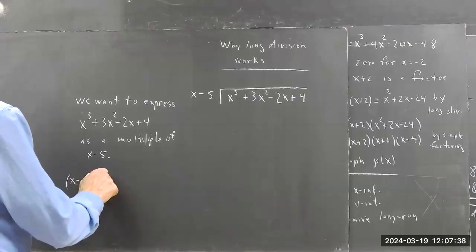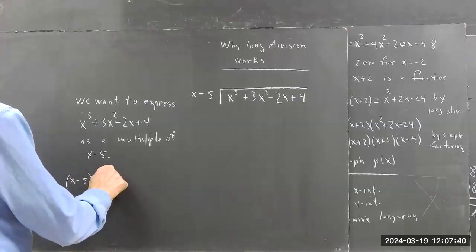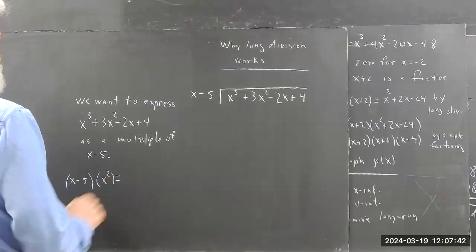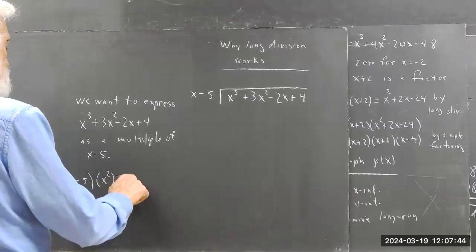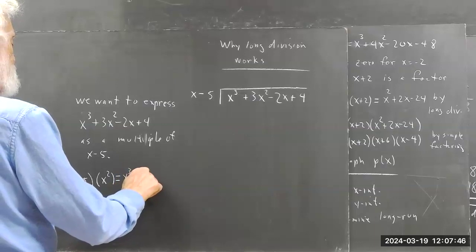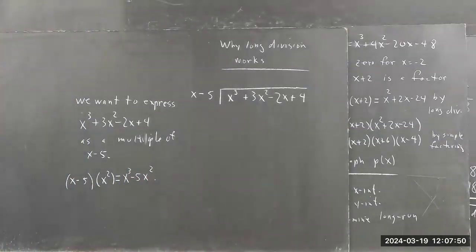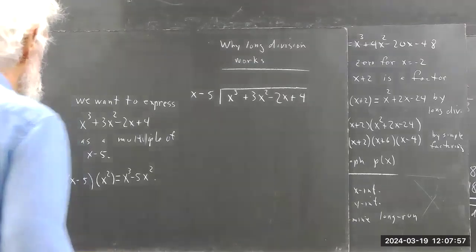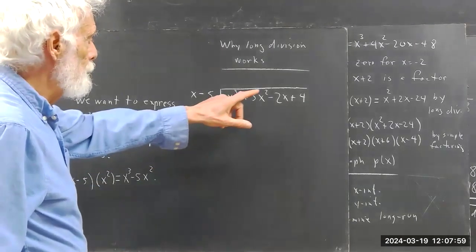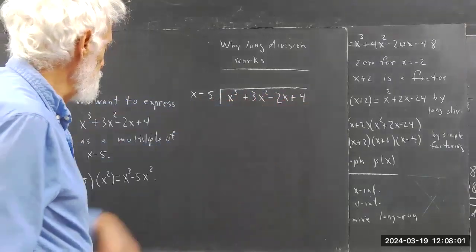Okay, so x minus 5 multiplied by x squared equals x cubed minus 5x squared. Okay. Now, does that get us closer to x cubed plus 3x squared minus 2x plus 4?